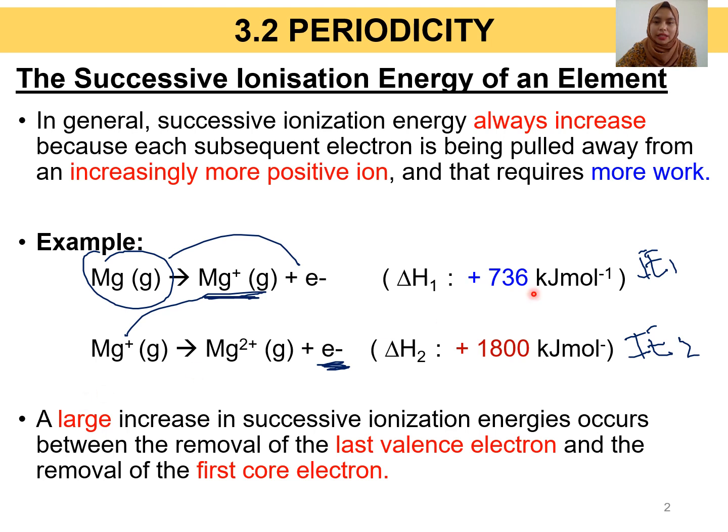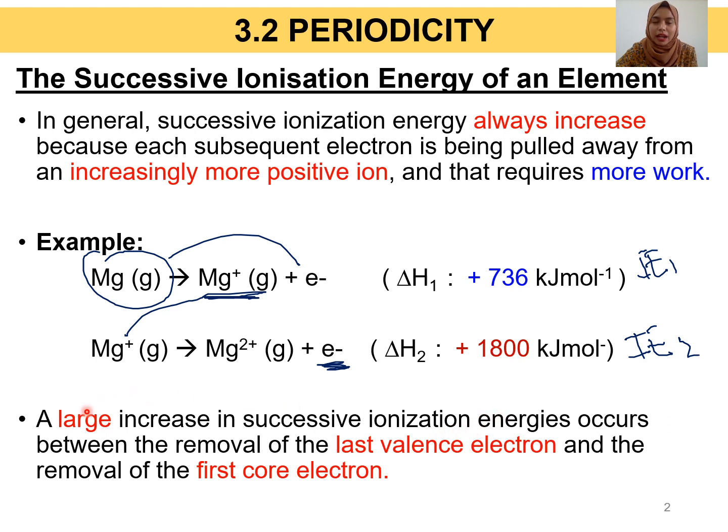Okay, let's say yang ni tak tahulah sebab kalau kamu compare between dua saja you tak tahu. Tapi kalau let's say you ada series, you ada beberapa successive ionization energy kan, you boleh compare to each other. So bila you compare, you akan dapati akan ada large increase in the successive ionization energies.